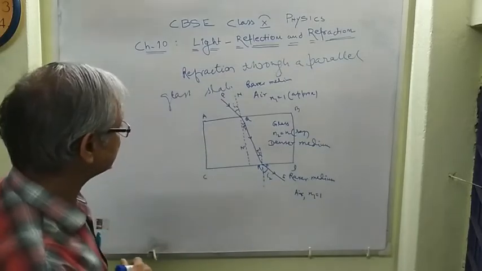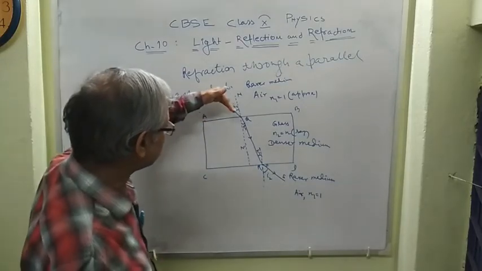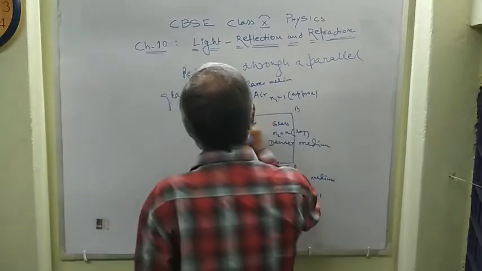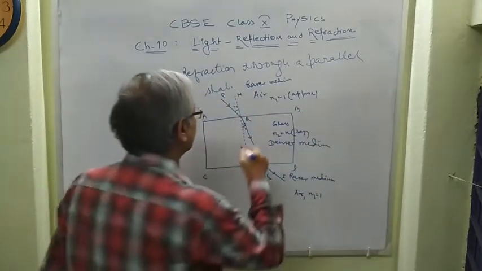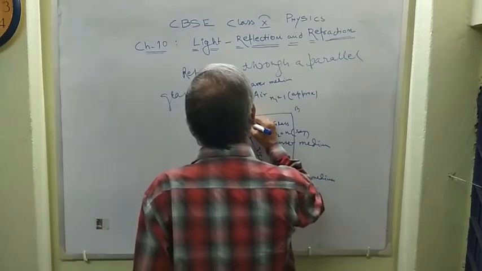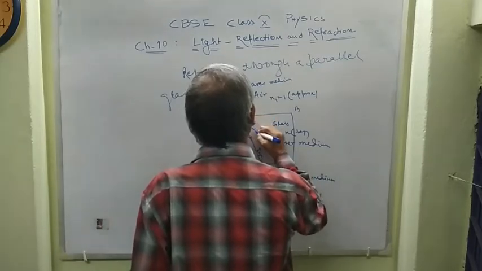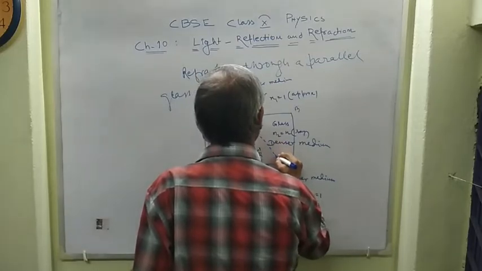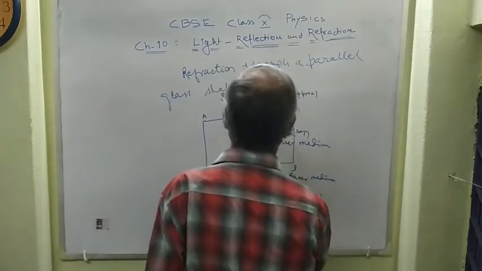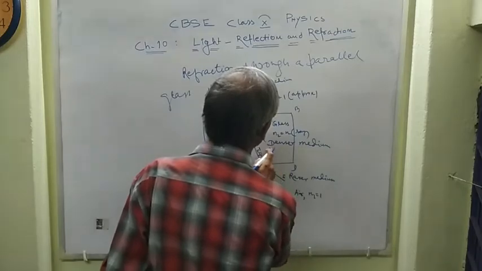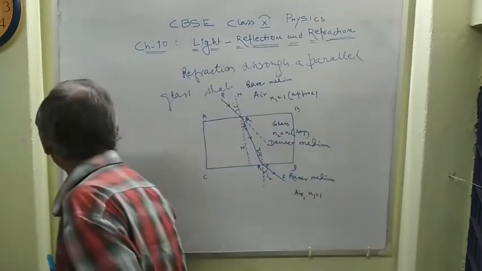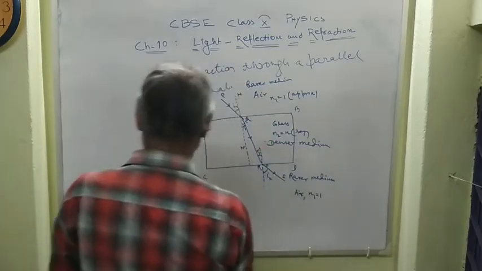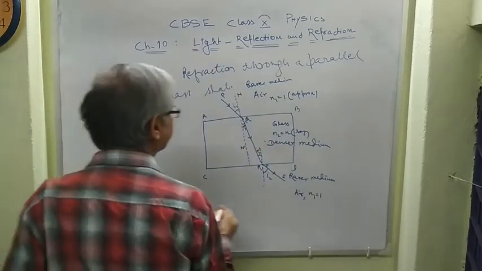Here we see that the incident light ray would be directed in this way if the glass slab is absent.